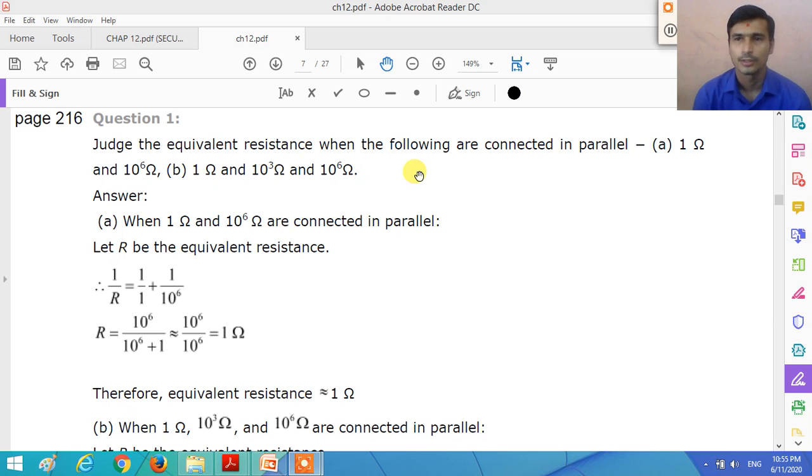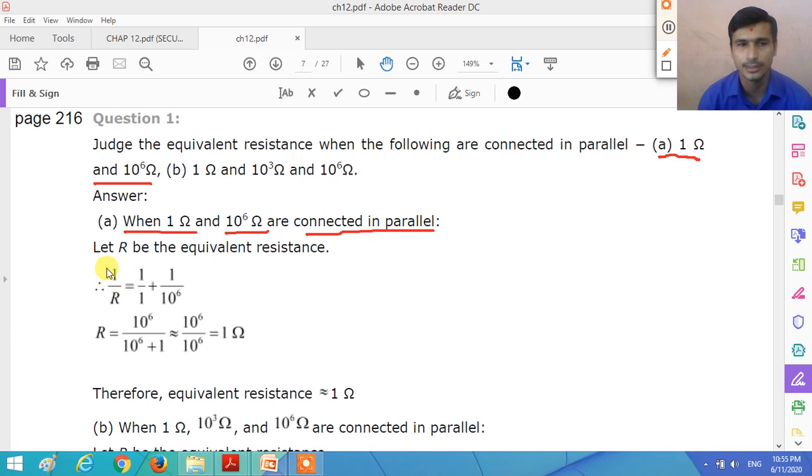So the answer of the first question: when the 1 ohm and 10 raised to 6 ohm resistors are connected in parallel, the equivalent resistance is R. We know the formula. When two resistors are connected in parallel, what is the formula?